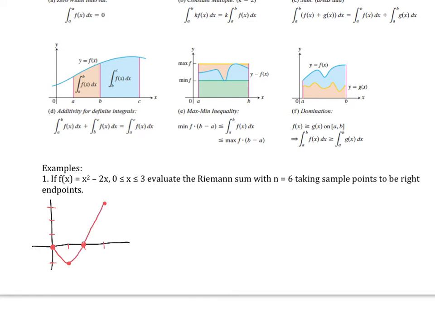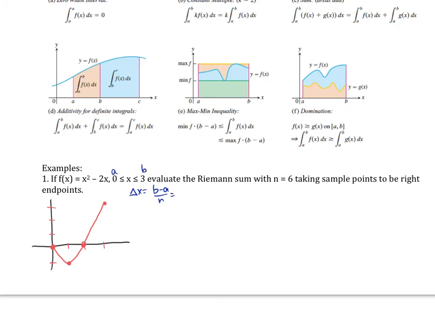And I want to find Riemann sums, n equals 6, taking the sample points to be right endpoints. So right endpoint means I'm going to start with delta x equals b minus a over n, and my a and b is this.